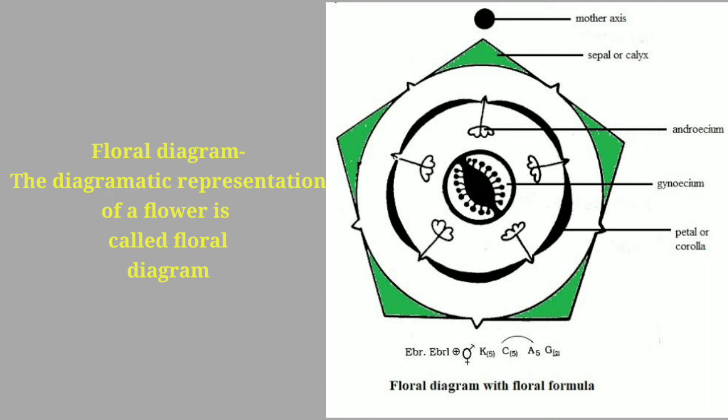Mainly this will represent the bilocular nature. So here there are 2 locules, and over that the ovules are arranged. So this is the axial placentation of the flower. So this is how a floral diagram is given.